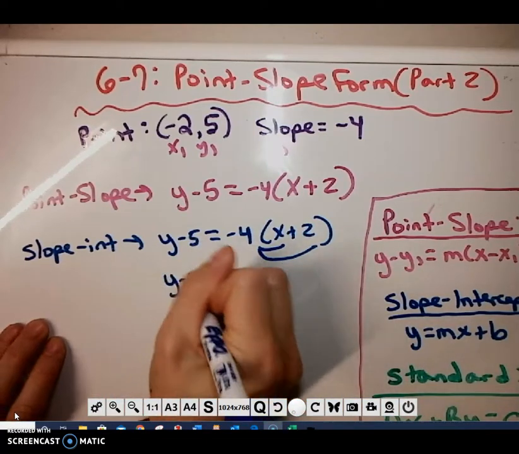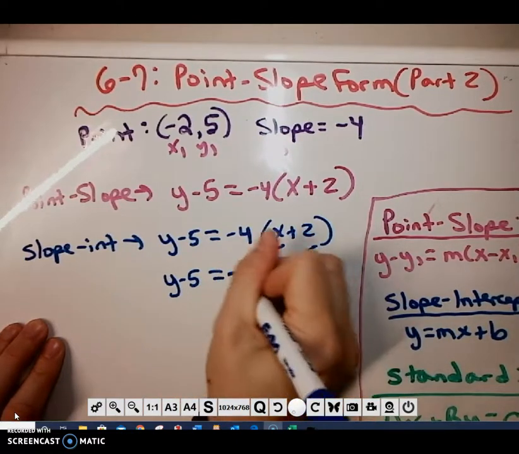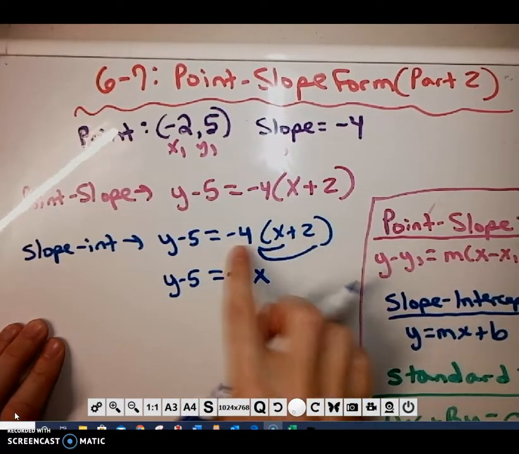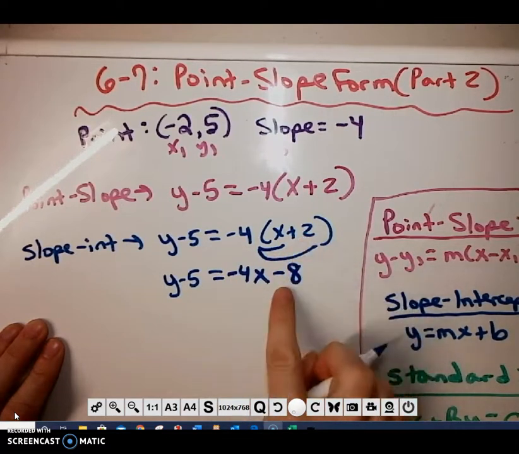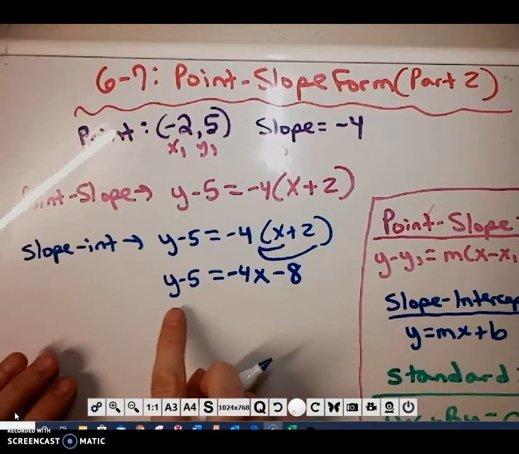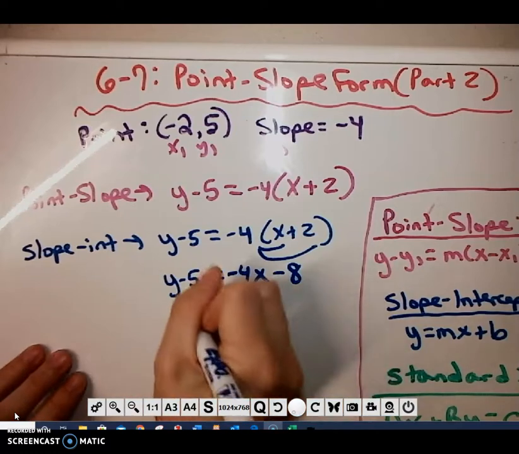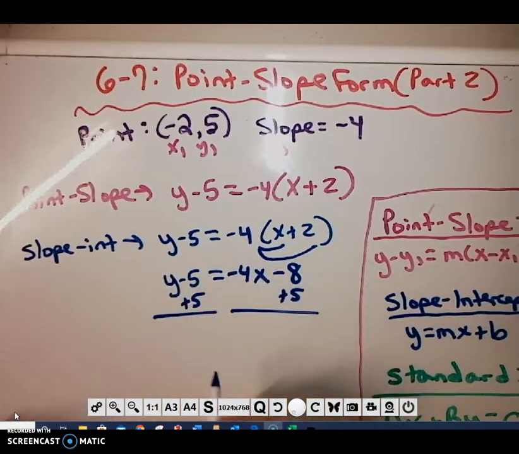Y minus 5 stays y minus 5, but I can distribute here. So negative 4 times x is negative 4x. Negative 4 times positive 2 gives me negative 8. A negative times a positive is a negative, so that's my minus sign here. Now I just need to get y alone. Y minus 5, so I need to add 5 to both sides. Now I just simplify.